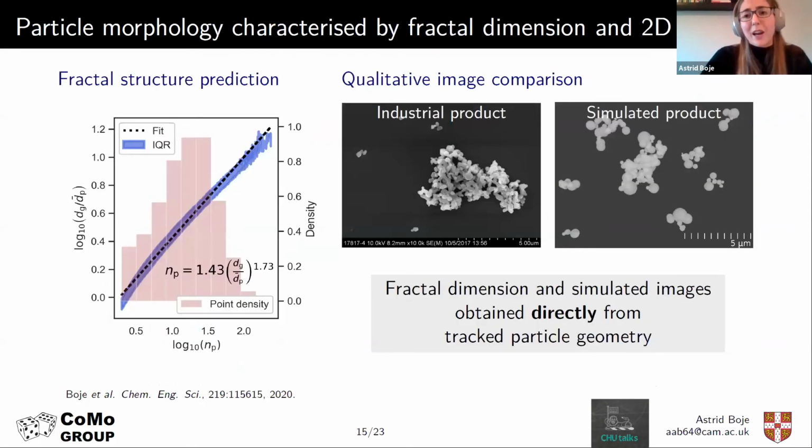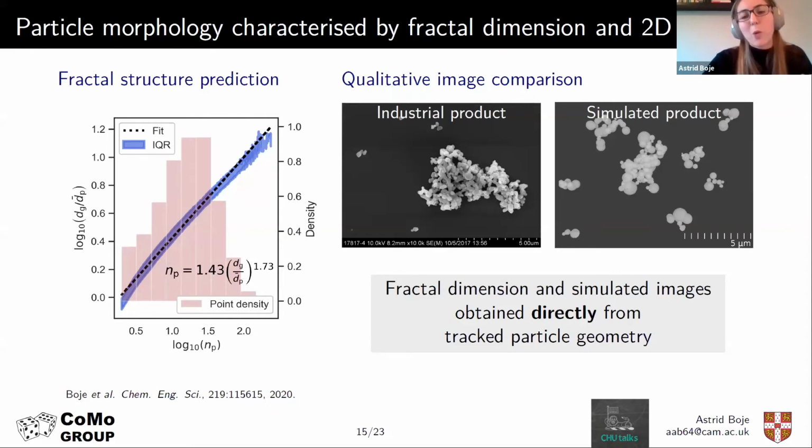And then the final thing that I wanted to draw attention to is, because we have this particle model that tracks the 3D morphology of particles, we can directly compare with imaging from the industrial product. So that's shown on the right-hand side here. And what you can see is that our particle model produces primary particles that are on average larger than the industrial product. It's worth noting here that we are not fitting to any experimental parameters, so we don't expect an exact match. Obviously, the reactor model is also quite simple.